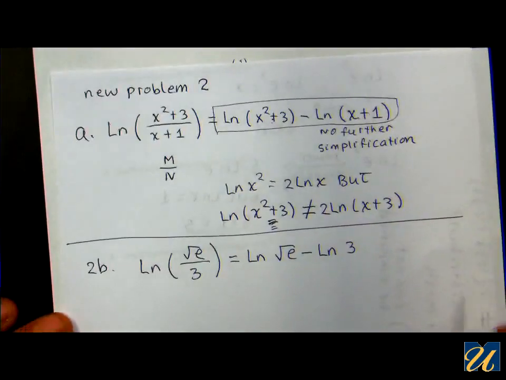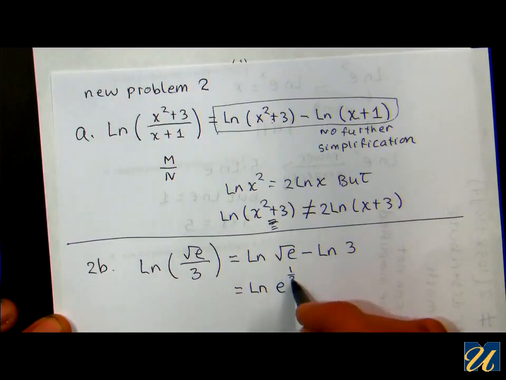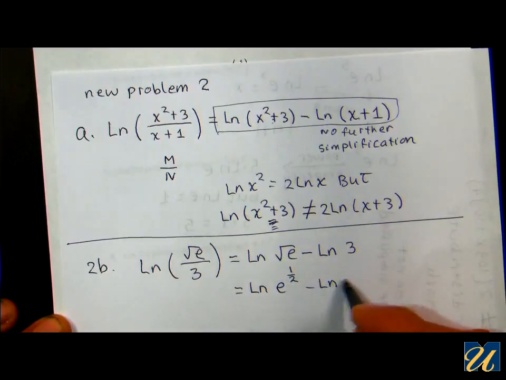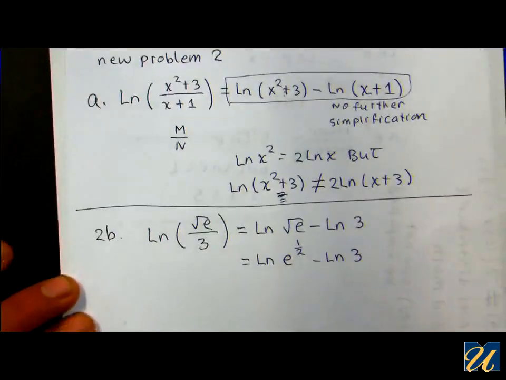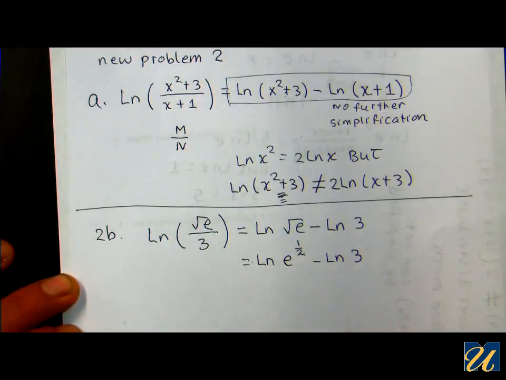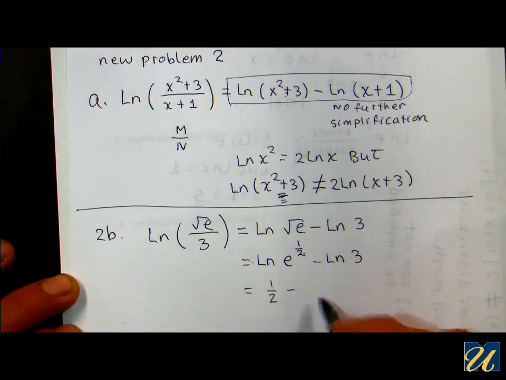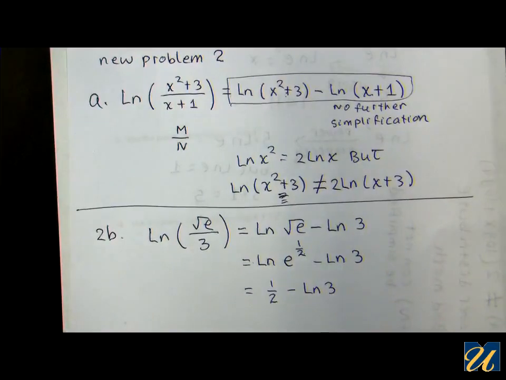Now, the numerator, square root of e, can be written as e to the power 1/2. 1/2 exponent means square root. And then if you wish, you could either use the power property, which puts the 1/2 here in front, or you can use the inverse property, natural log of e to the x is just x. Either way, you get 1/2 resulting from the first piece minus the natural log of 3 from the second piece. So we have that.